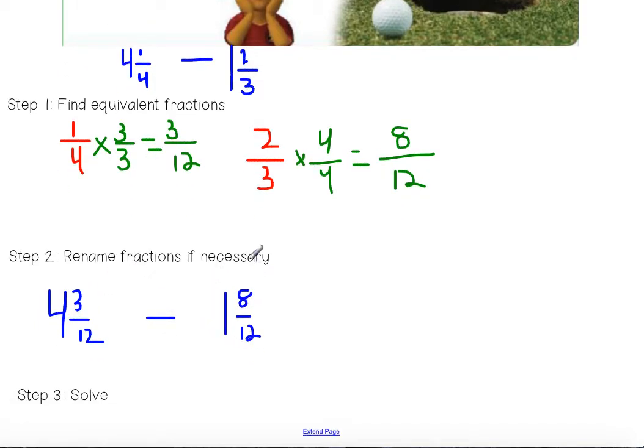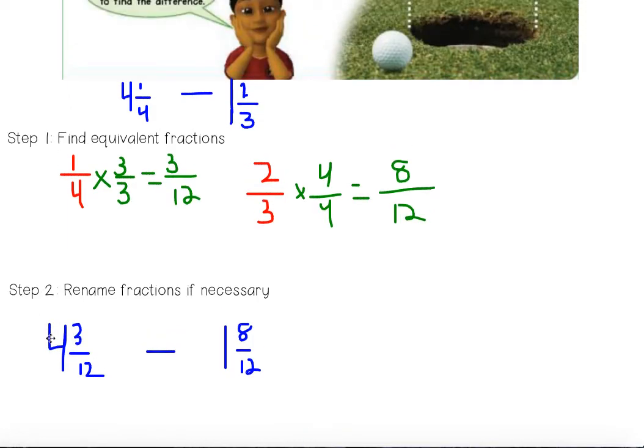I'm going to leave my 1 and 8/12 alone because 8 is the bigger numerator here. The 3 in this numerator is what I really need to change or make bigger so that I can subtract easier. So what I'm going to do is take this 4, this whole number, and take one whole out of it, okay? So I'm going to take a whole out of it.